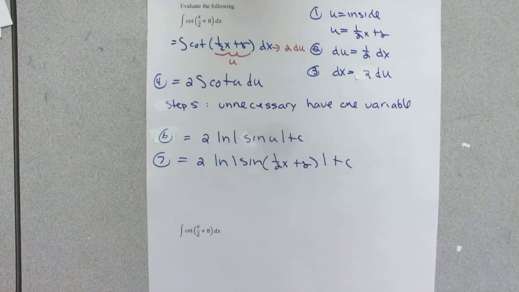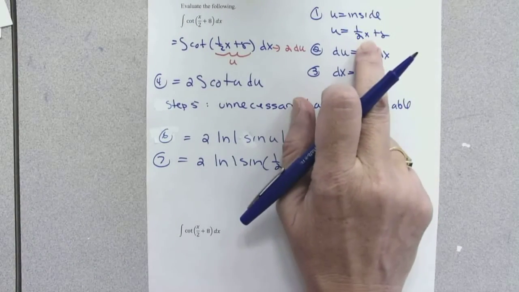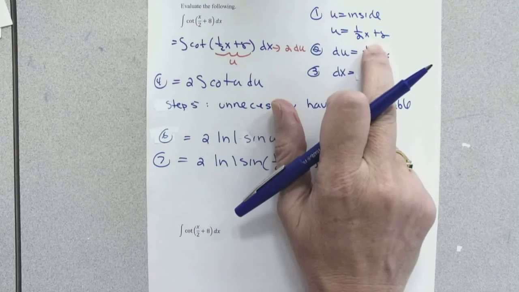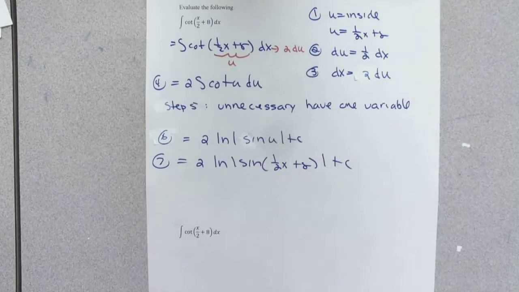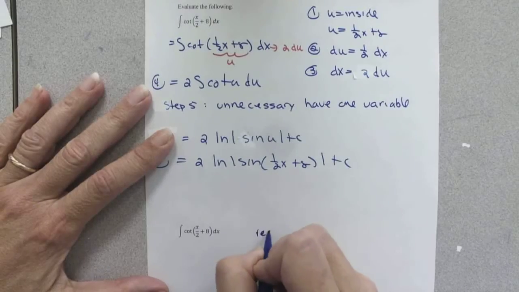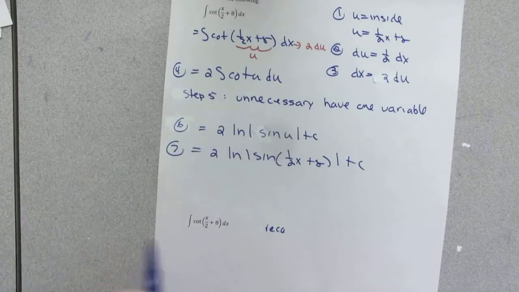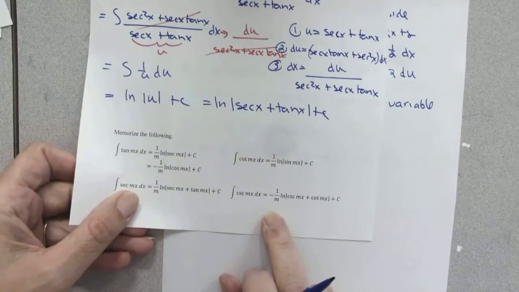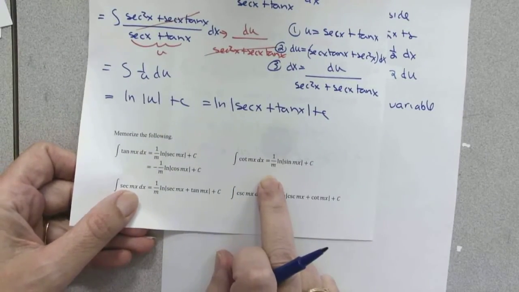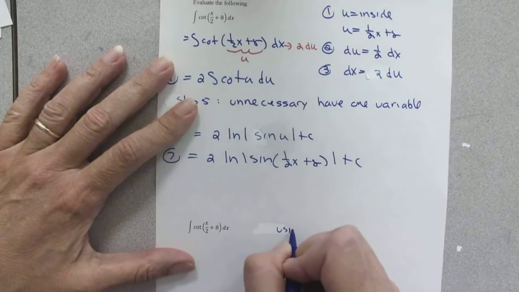But again, I want you to become a little more sophisticated. When your substitution is really just a linear thing, mx plus b, in this case 1/2 x plus 8, we've talked repeatedly about those linear things that you could just use what was on this previous page, that the effect of that slope is that we're just going to divide by it.